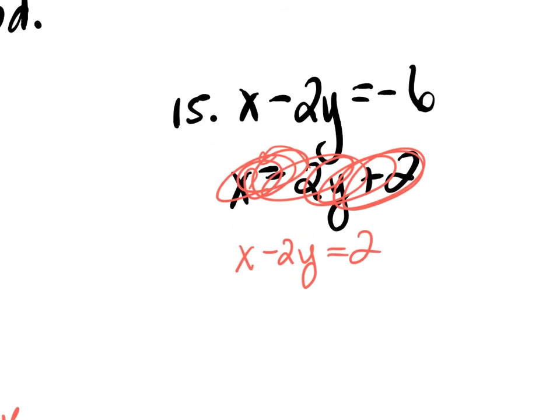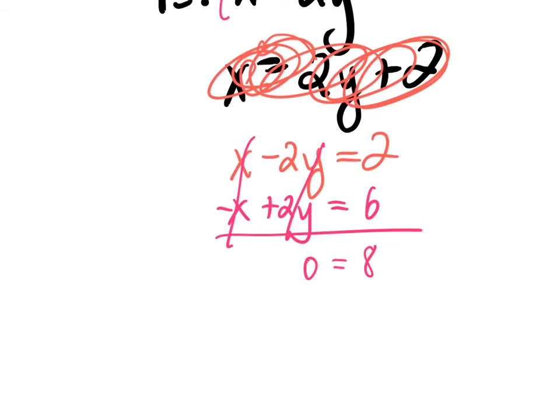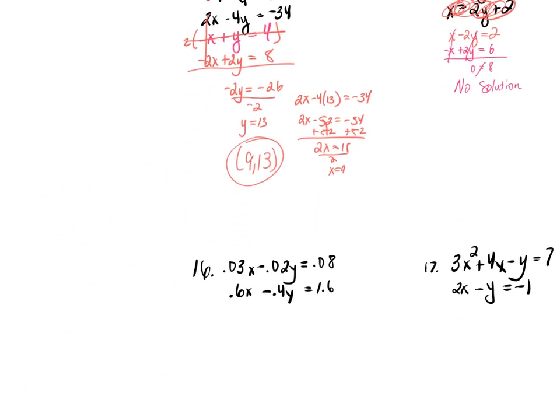So I'm just going to multiply the top equation by negative 1. So I have negative x plus 2y equals 6. So x's cancel out, y's cancel out. I get 0 equals 8. That is not a true statement, so I would write here no solution. When you come out to 0 equals a number, it's not a true statement, that'd be no solution.